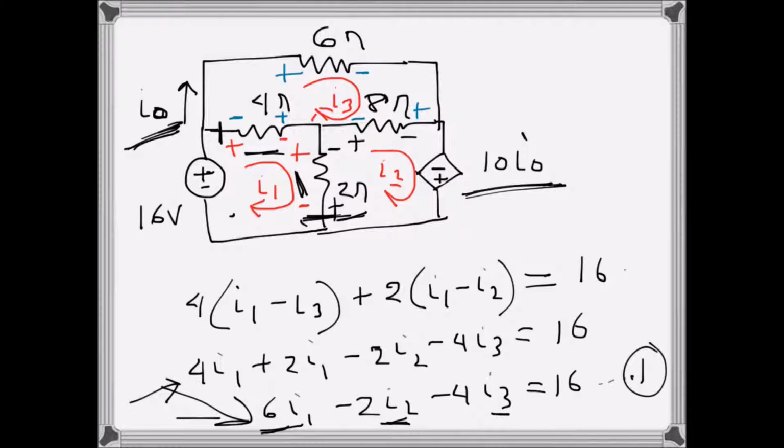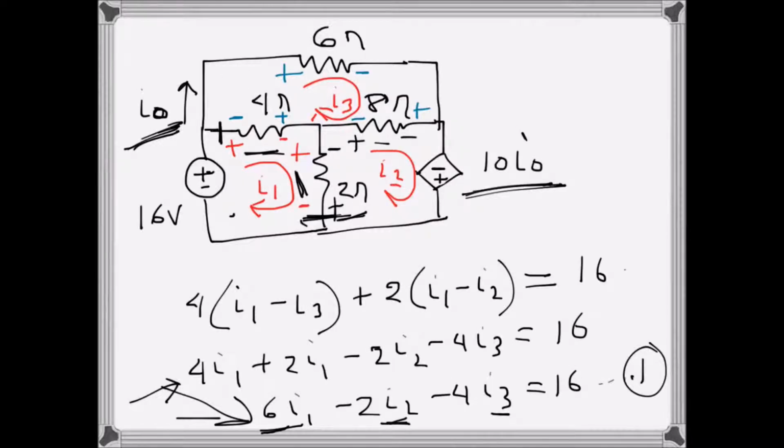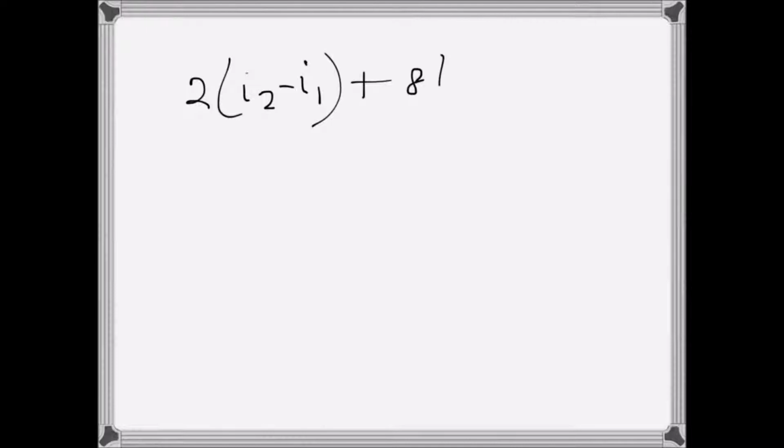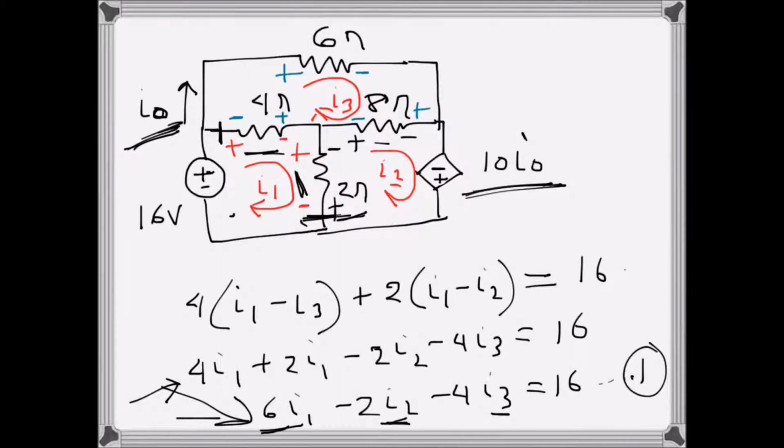So I will write the equation for the second one, loop 2. The drop is 2(I2 minus I1) plus the 8 ohms resistance, so 8(I2 minus I3), and if I go there, this is a rise here.